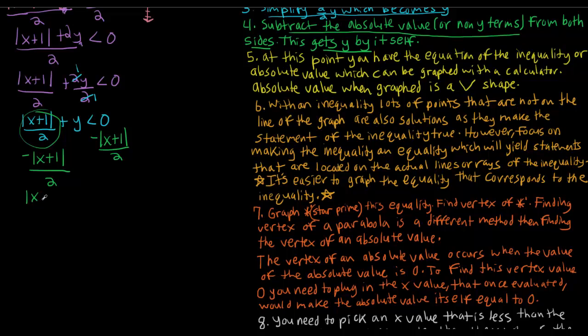That just gives us y is less than negative the absolute value of x plus 1 over 2.